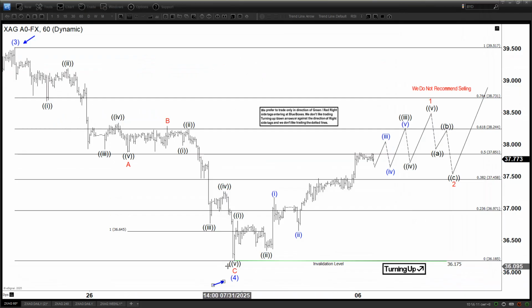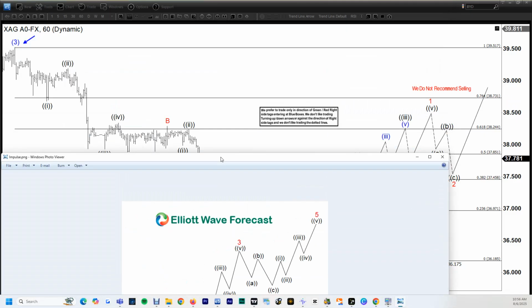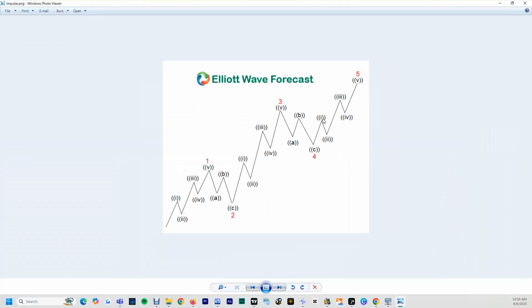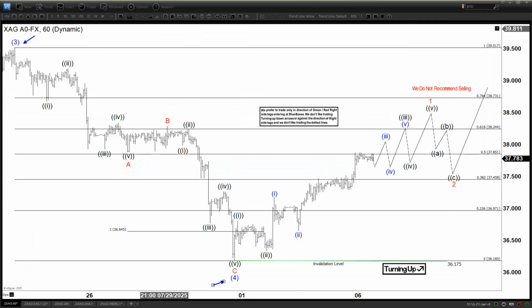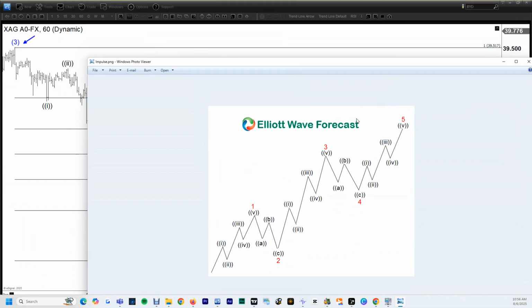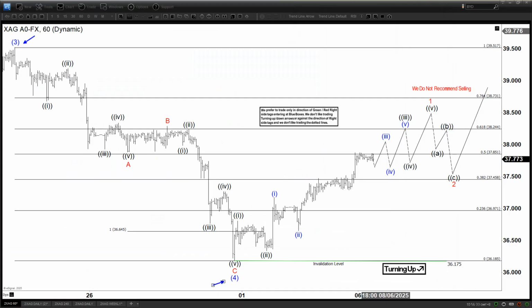And now we are starting with 5 higher, and we soon will be ending wave 1 of 5. The degree is a little bit different than the silver, but the idea is the same. So this one here is similar to the one in this example. We're looking for a bit more upside to finish this entire wave 1 as another 5 waves, and then from there we can get a pullback and then higher again.